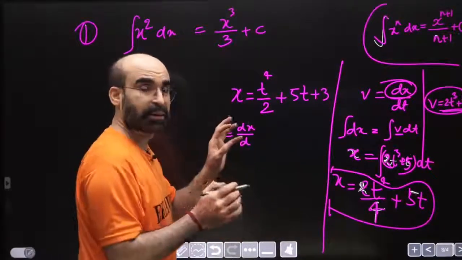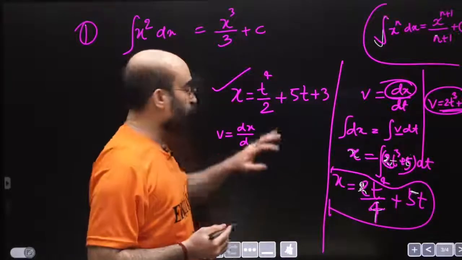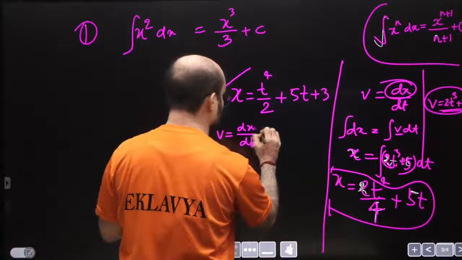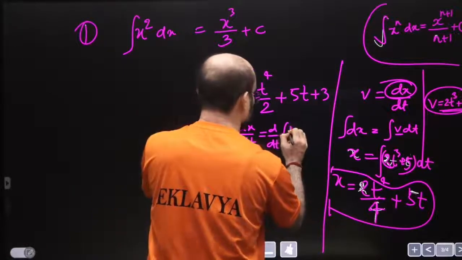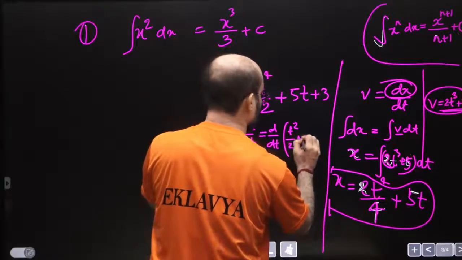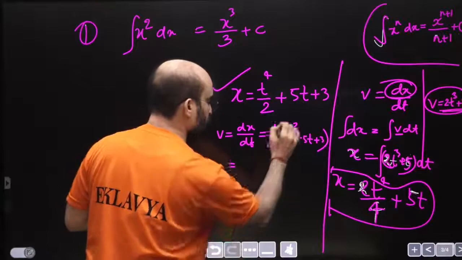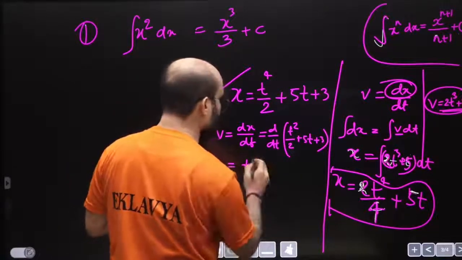So let us quickly understand. If you have got x equals this, velocity will come out to be dx by dt, which you will work out. Whatever t square by 2 plus 5t plus 3, if you work it out, what you will get? You will get t raised to power 3.